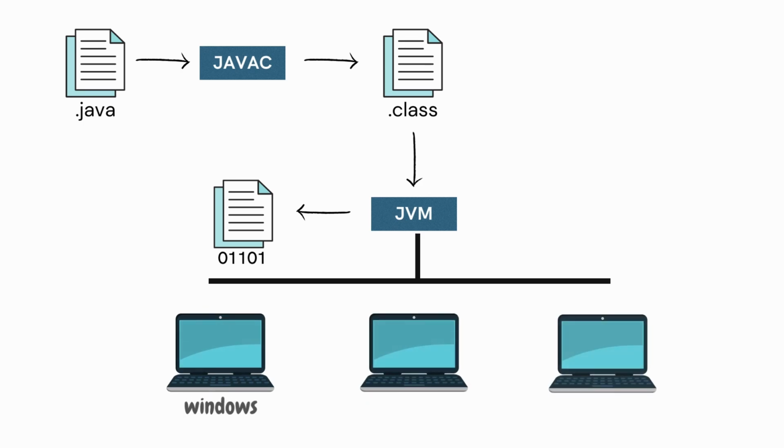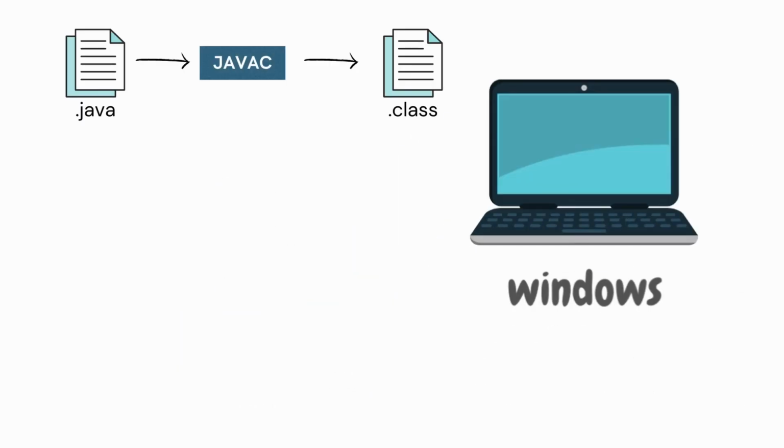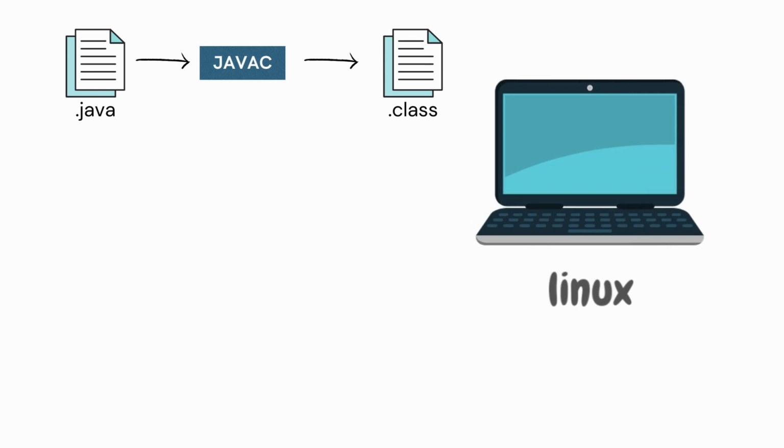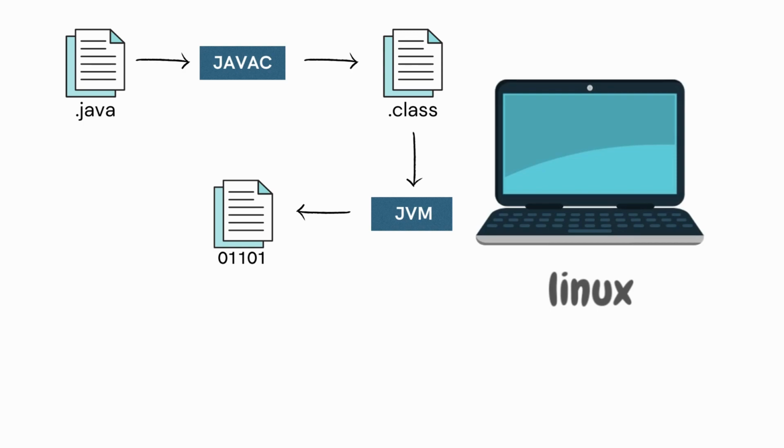Like for Windows, we have a JVM, we have a JVM for Linux, we have a JVM for Mac and Ubuntu, and so on. Once you compile your code on your Windows machine and you create the .class file, say the hello world.class, which is responsible for printing hello world in the console, and you send it to your friend via mail and say, hey, try to execute this code on your Linux machine, and he tries to execute that hello world.class using his JVM on Linux, it will work.